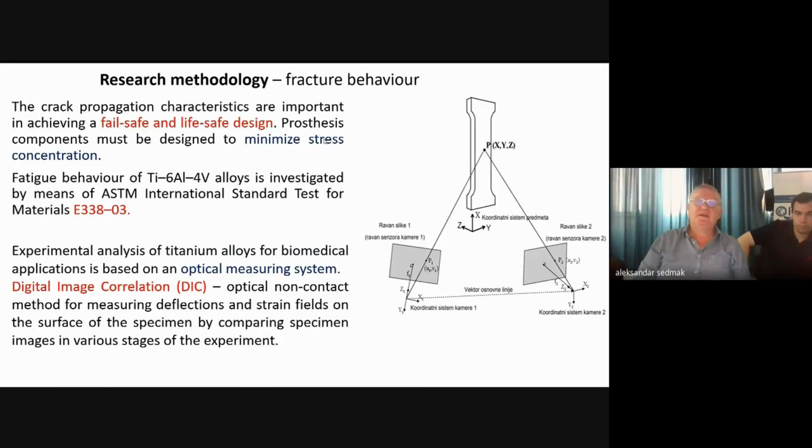And then again, there is another very important tool that we can use for strain measurement and then stress analysis. This is nowadays very popular digital image correlation. You can see this scheme, how it works. There are two cameras, and interference between them enables very precise measurement.